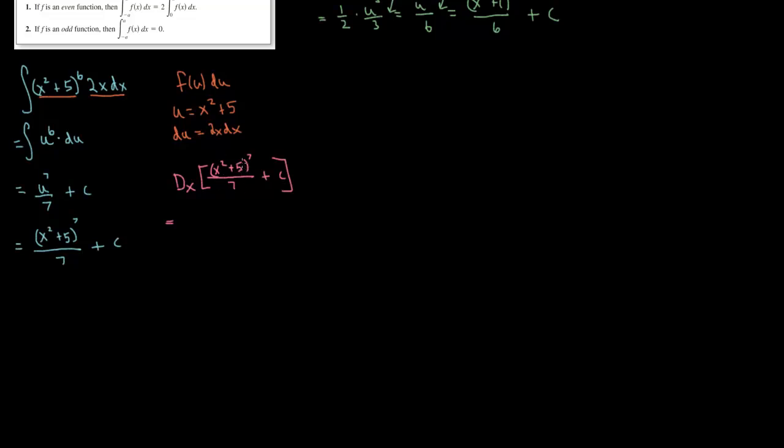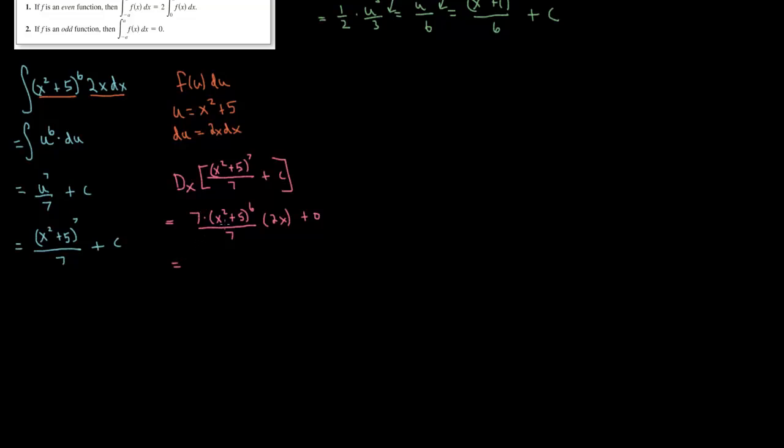We have this inside function raised to the 7th power, so we use the power rule for derivatives to start with, which says bring the original exponent out front, and then we evaluate x squared plus 5, reduce your exponent by 1, but there was a 7 there already, and then we multiply by the derivative of the inside function, which is 2x, and the derivative of c, of course, is 0.